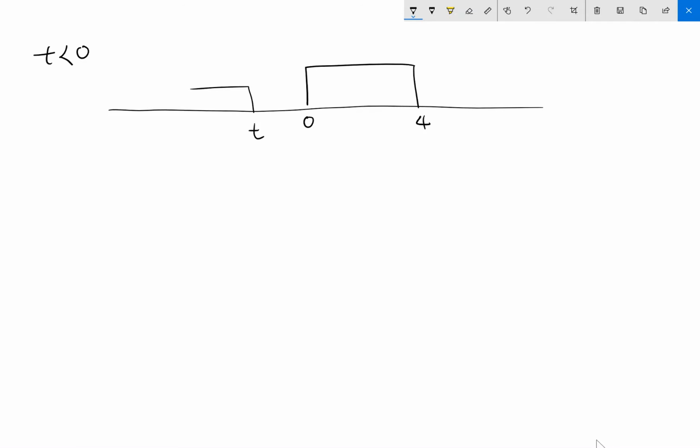Inside each range, we want to find the common non-zero area. This one is non-zero, this one is non-zero, but they don't overlap, so the common non-zero area is empty. So the convolution is just 0.